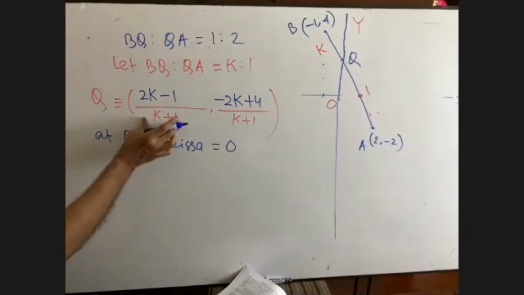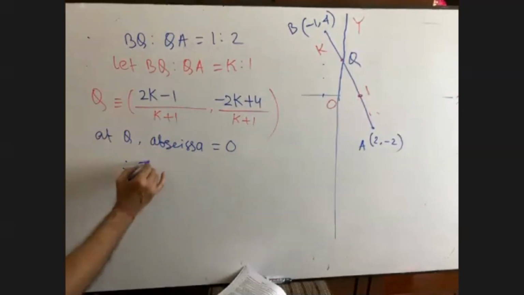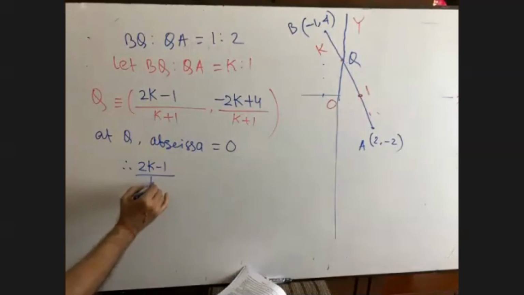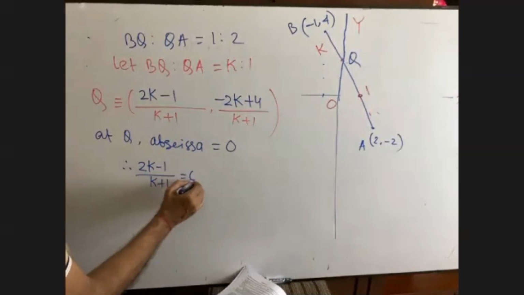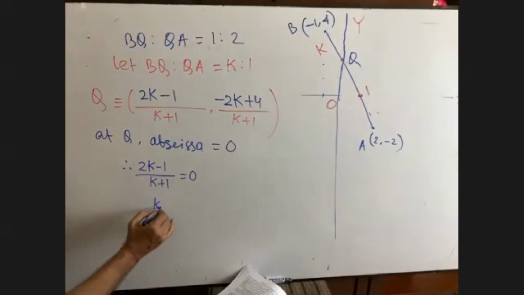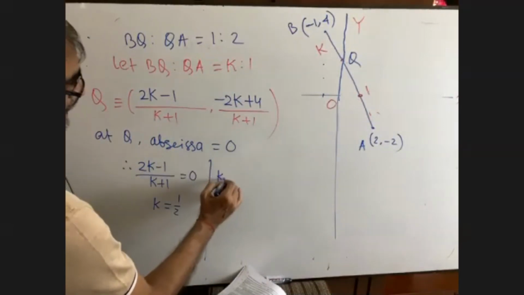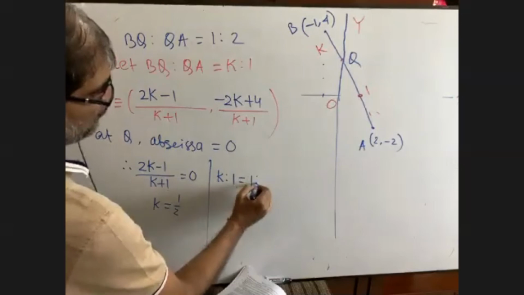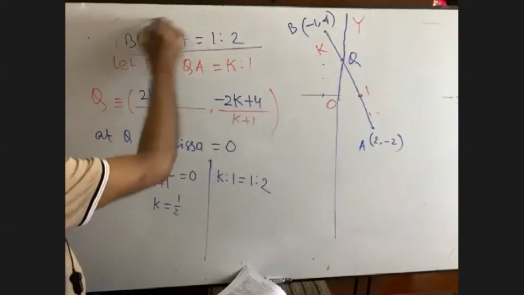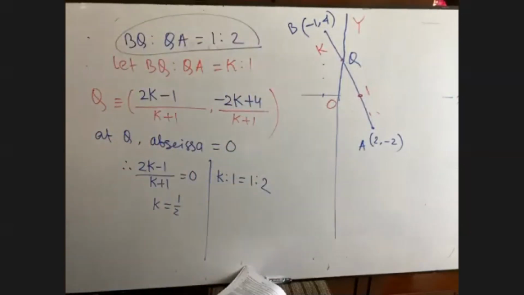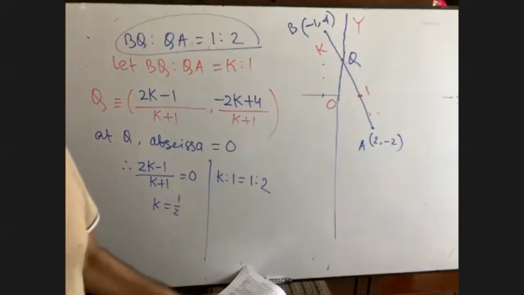That means this part is 0. (2k minus 1) by (k plus 1) equals 0. So from here we are getting k equals half. That is k is to 1 is equal to 1 is to 2. Have you seen we have proved that? So actually we are done.